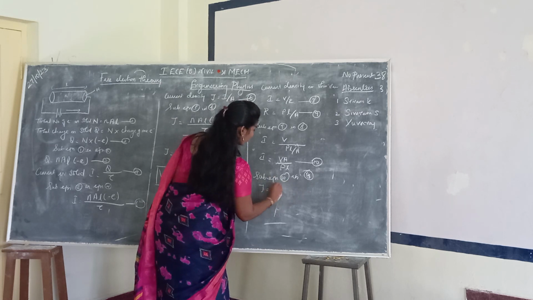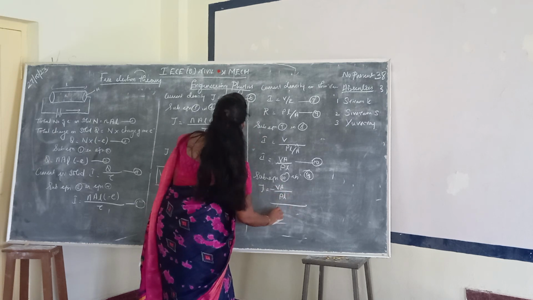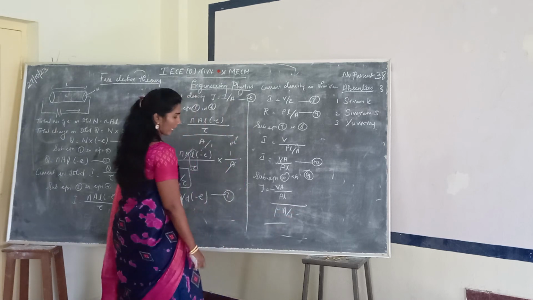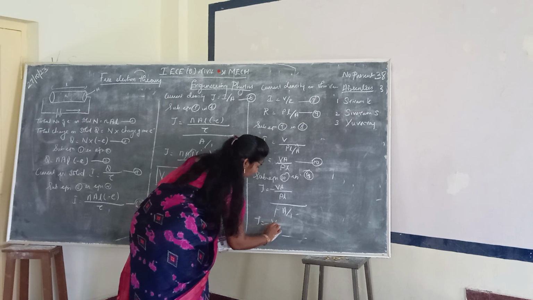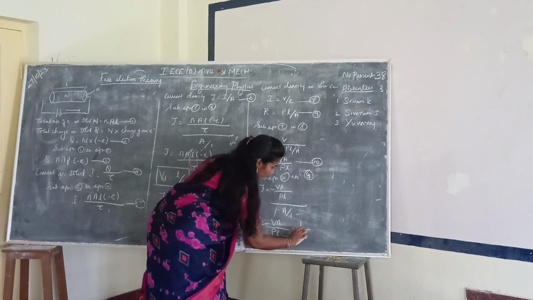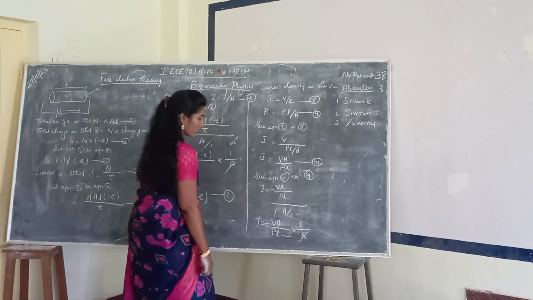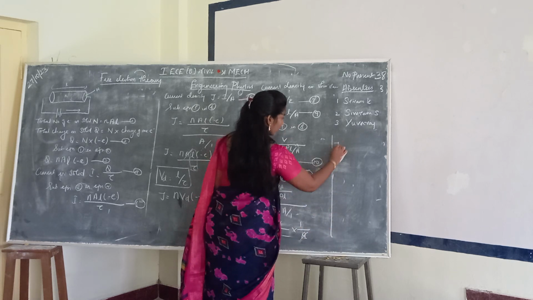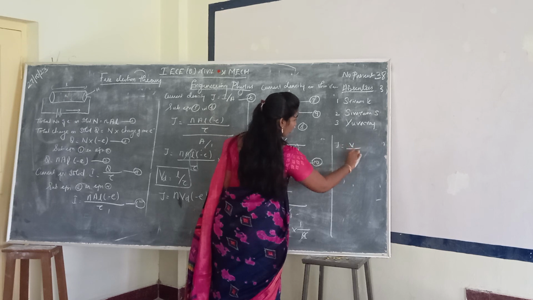So J is equal to V A divided by rho L, divided by A. That is, J is equal to V A divided by rho L into 1 divided by A. A cancels here, and finally we get J is equal to V divided by rho L.